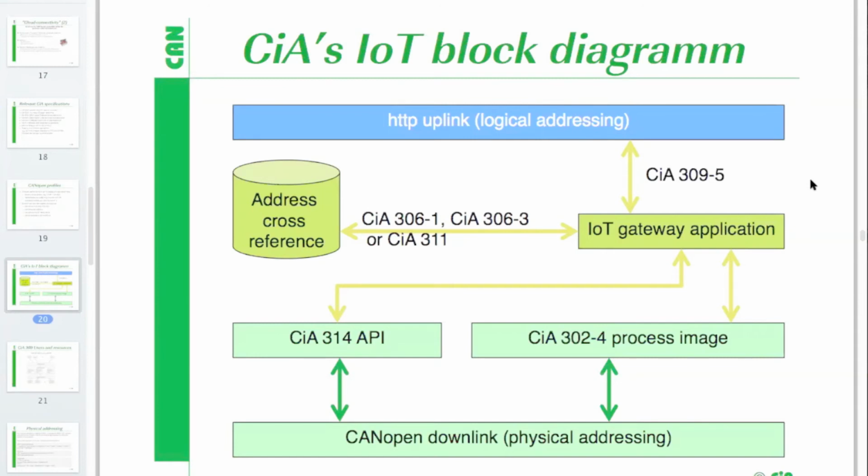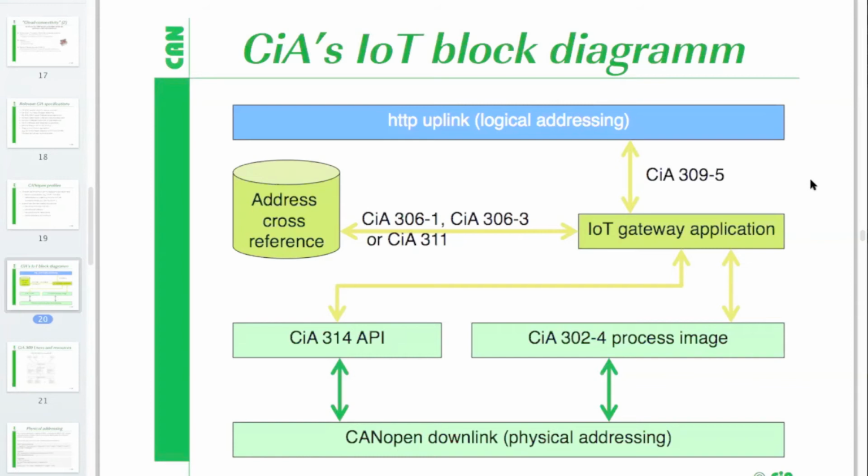We can collect the complete process image of process data from the CANopen network, as you can see, 302-4, and put it into your gateway application. And you know about each device, how you have the address cross-reference, as you can see here. Designed with a standardized interface, standardized profiles in 306 as an INI-based text format, or 311 in XML-based format.